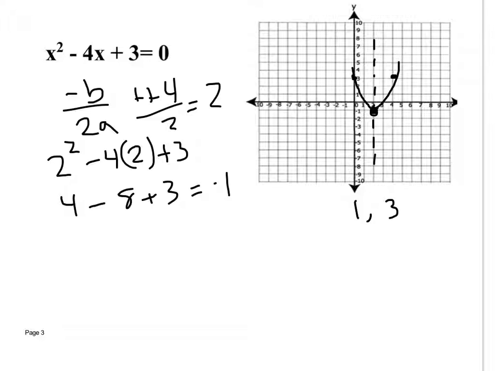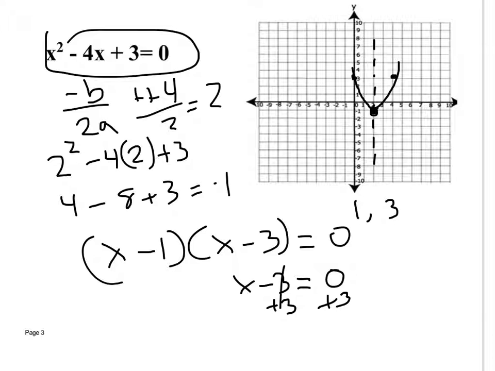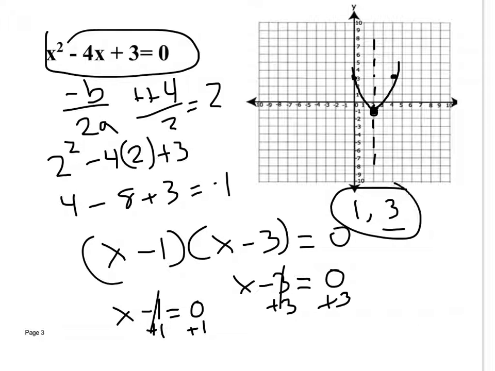So then, if I want to, I can plug these numbers in and see if it's true, or I can just factor this, which if I did that, you get this. What does x have to be for this? 3, right? What does x have to be for this? 1. So there's your two answers.